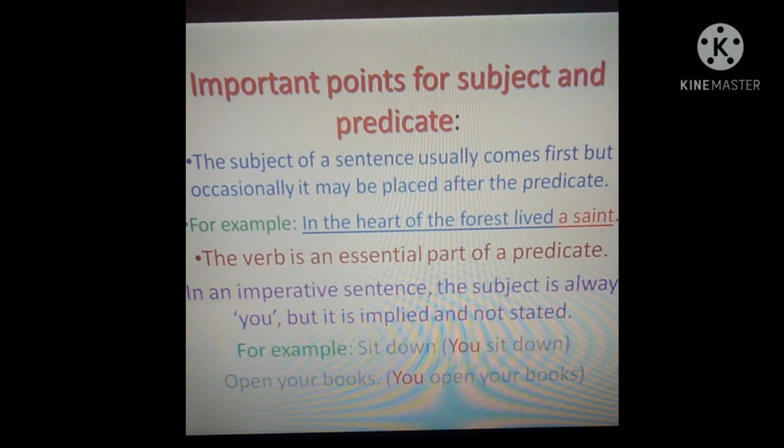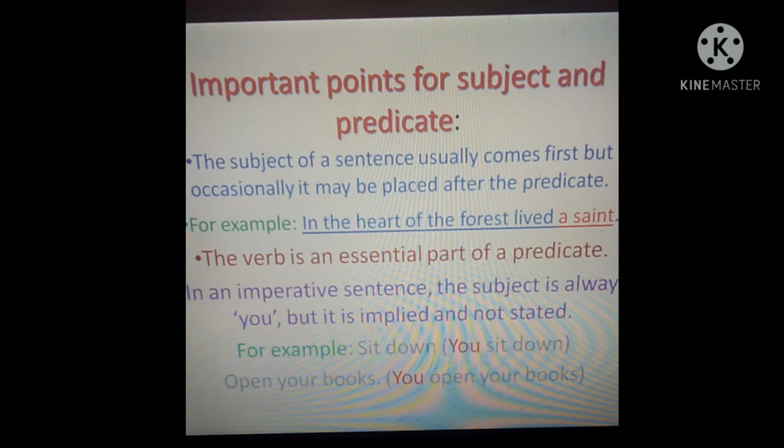So here, sit down is a command. Now whom are we talking to? That is the person you. So you is the subject here. The word you is not stated here particularly, but we can understand whom we are talking to. That is the next person, that is you.